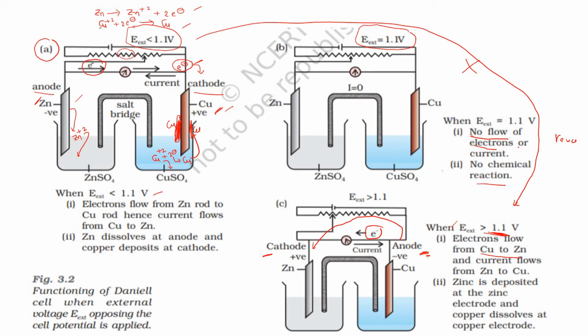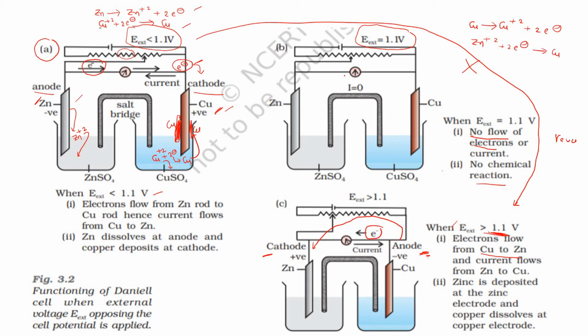Now what is happening here? What type of chemical reactions are taking place? First of all, copper undergoes oxidation, giving copper plus 2 and 2 electrons. Now zinc plus 2 takes the 2 electrons and converts into zinc.